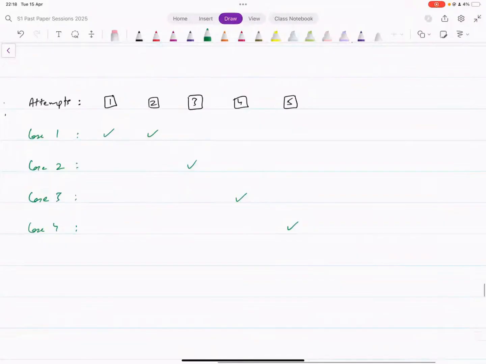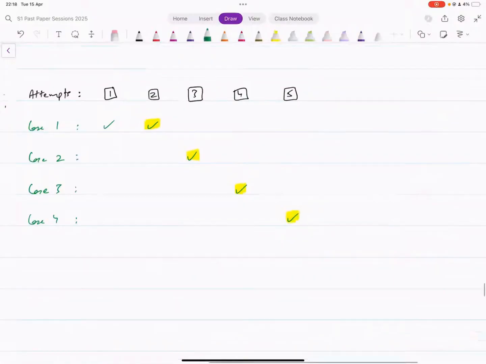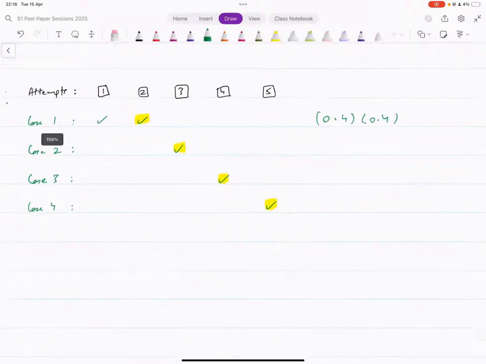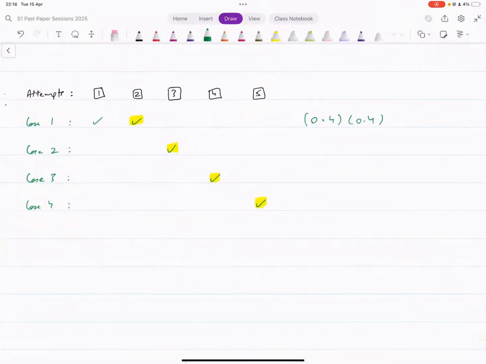So these cases are fixed. This is fixed, this is fixed, this is fixed, this is fixed in each of these cases. Now, for the first one, the first success has to be in this position, right? So that means that's just going to be 0.4 into 0.4 for the first case. For the second case now, we've got 0.4 for this.